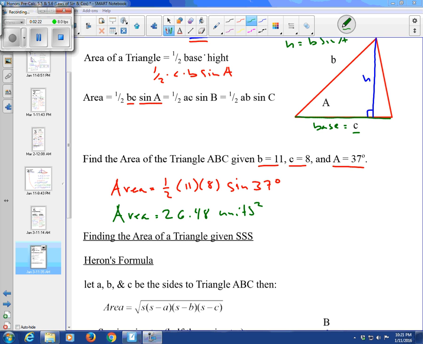Okay, plugging into our formula, the area for our triangle is going to be 1/2 times the two sides times sine of the angle, which gives us an area of 26.48 units squared. We don't know if this is inches or feet or whatever, but we would measure it in square units since we're talking about area.